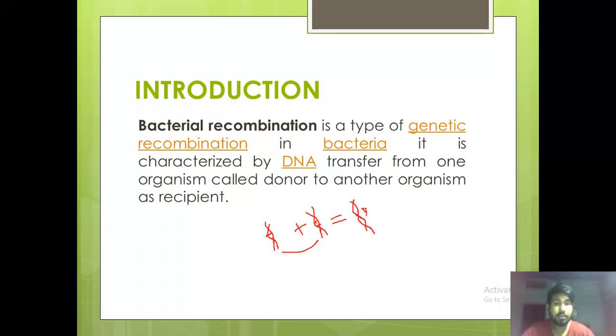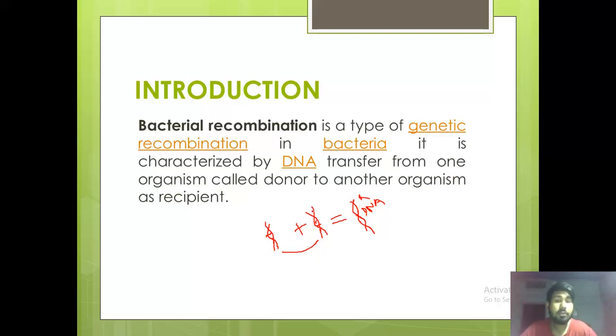This is called recombined DNA. It usually occurs by crossing over. In the case of bacteria, it is characterized by DNA transfer from one organism called the donor to another organism called the recipient.